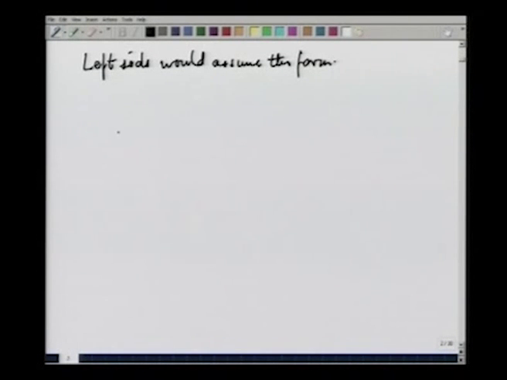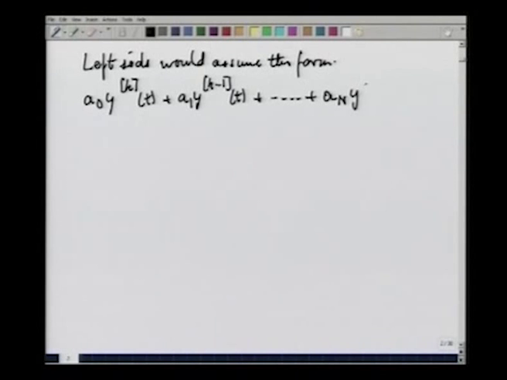The left side would assume the form a 0 y k of t plus a 1 y k minus 1 of t plus so on up to a n y 0 of t, the last term being equal to a n y of t.